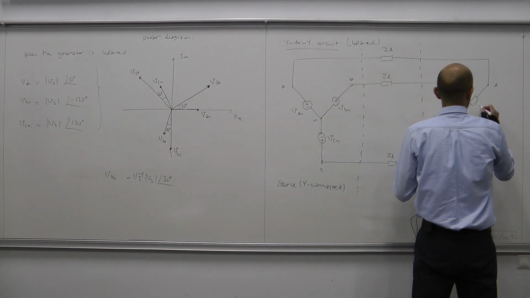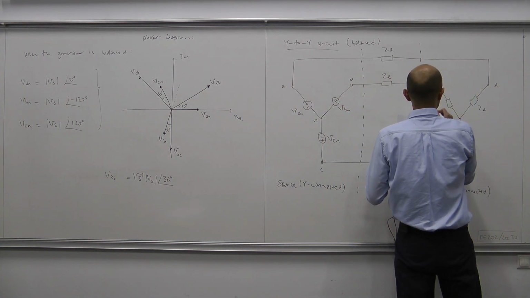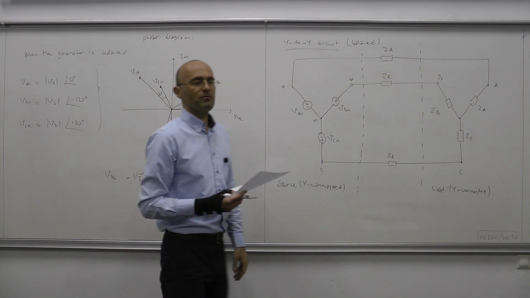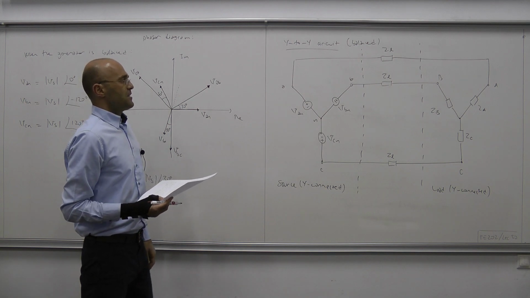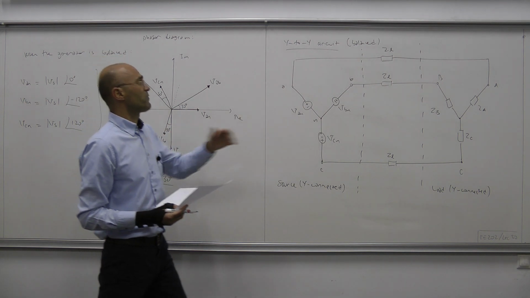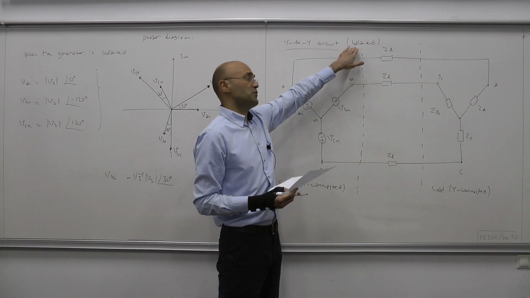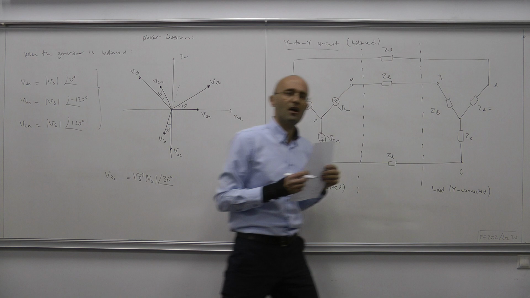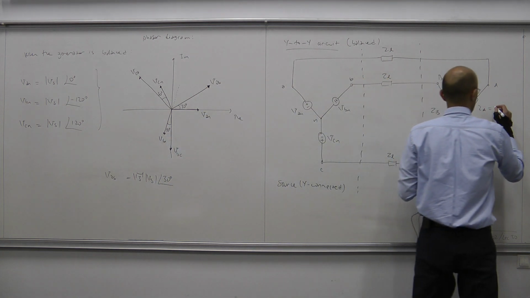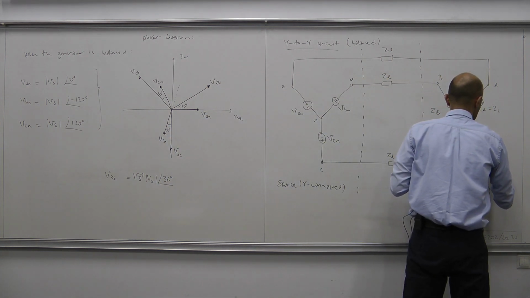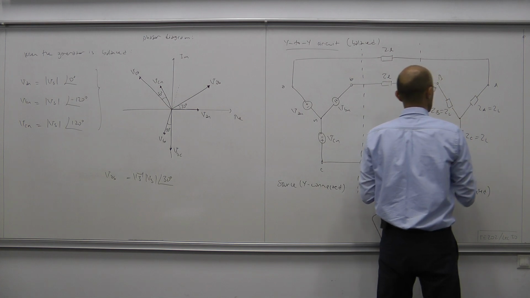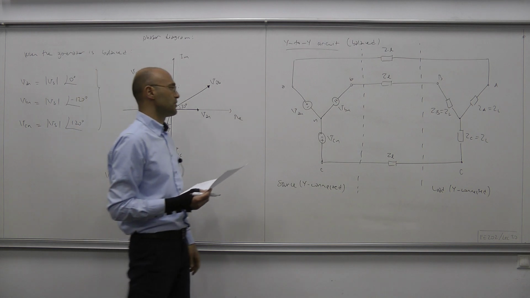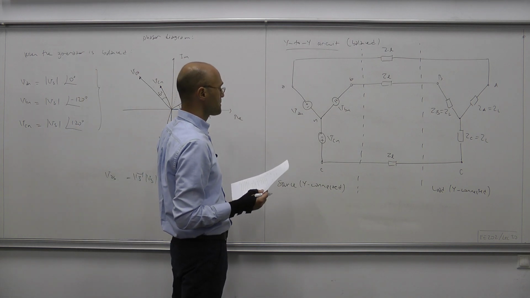Okay, so this will be ZA, this is ZB, and this is ZC. And we'll always be working under the balanced situation, which requires that all these per phase impedances are equal to one another. So therefore we can replace them and write Z sub L. Okay, now let's do some labeling for the voltages and currents.